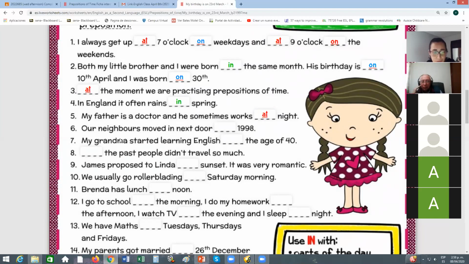Number 6. Our neighbors. Remember what neighbors is in Spanish? Vecinos. Neighborhood is el barrio o vecindario, neighbors, los vecinos.